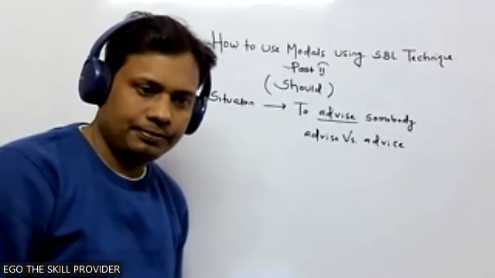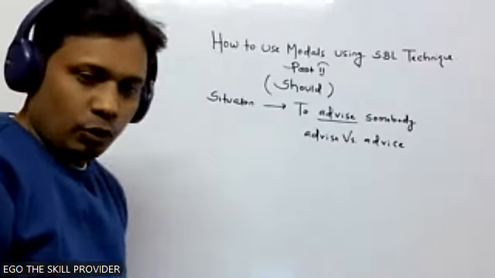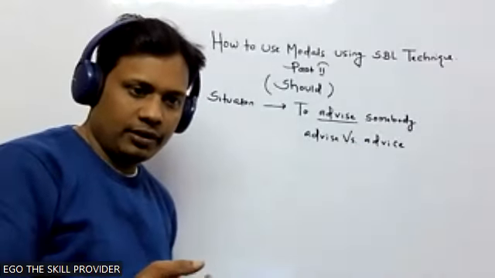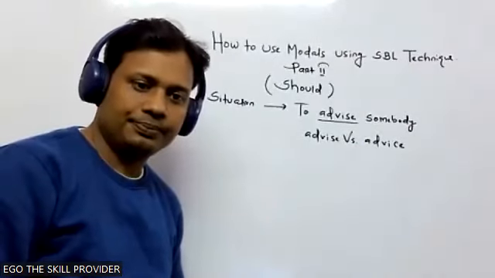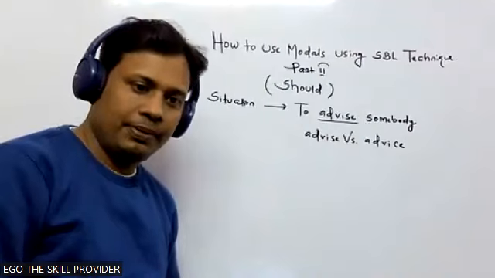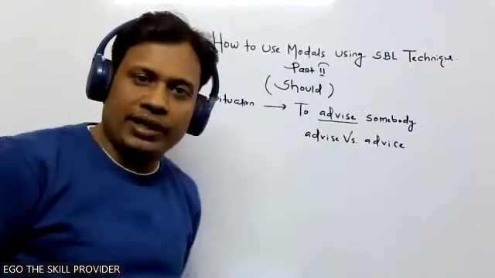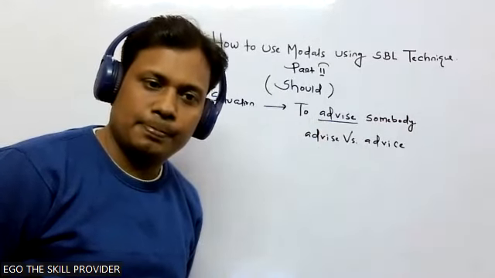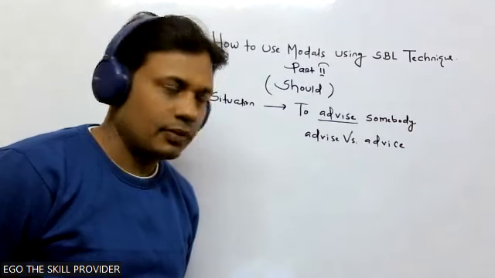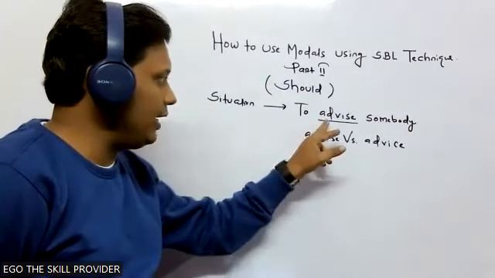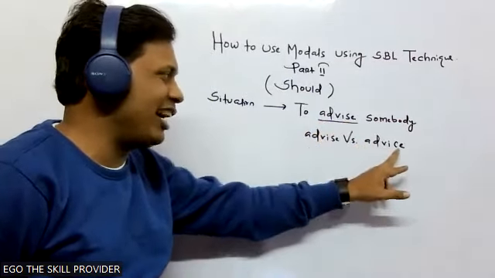Sir, one is a verb and another is a noun. Who is that? Please mention your name. Sir, Vinayak Nandan Ray. Vinayak, which one is a noun and which one is a verb? We have written ADVISE and ADVICE.